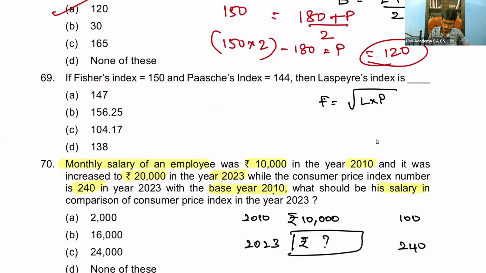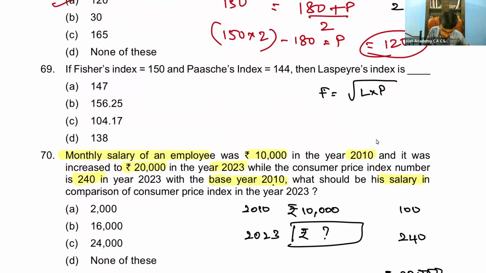Next, question number 69. If Fisher index number is 150, Paasche is 144, what is Laspeyres?